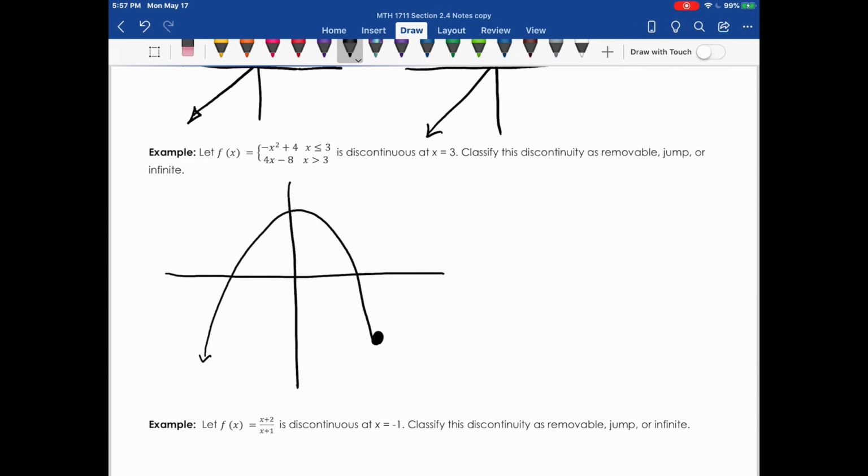And then for the second piece, we have the line for x minus 8 that looks like this. So if I were to trace the graph from left to right, I'm tracing the parabola, and then I stop and I jump to the next piece. This is called a jump discontinuity. There's a jump from one piece to the other.